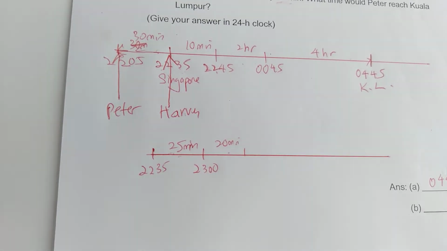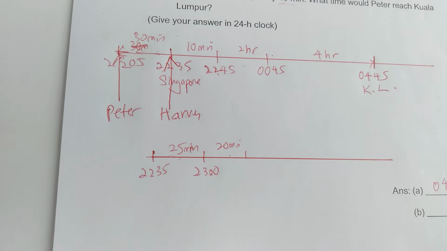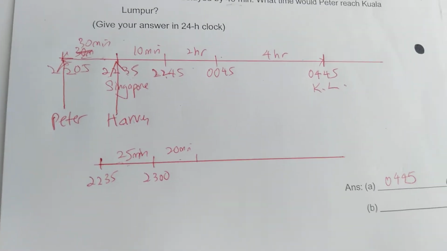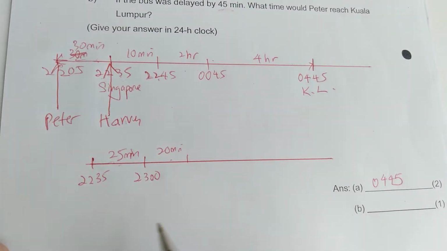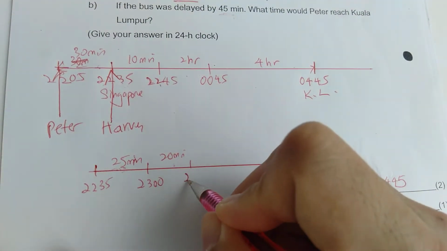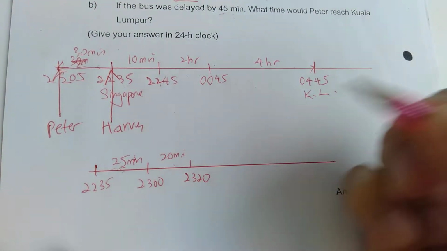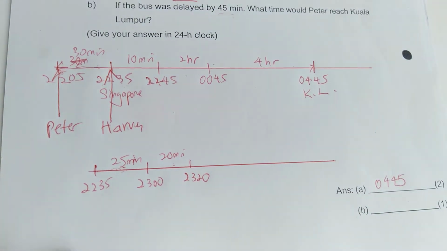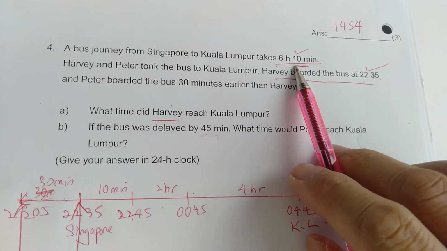Okay, so now I have my 45 minutes of delay here, and this will be 2320. And the journey time is still the same, 6 hours 10 minutes.